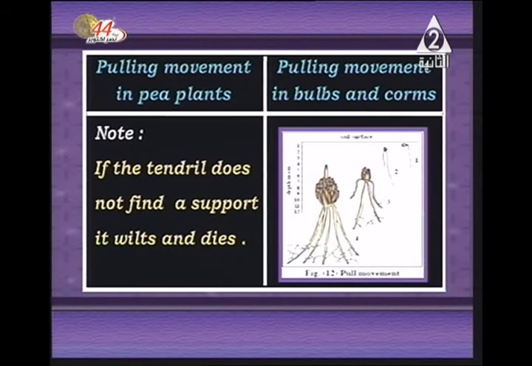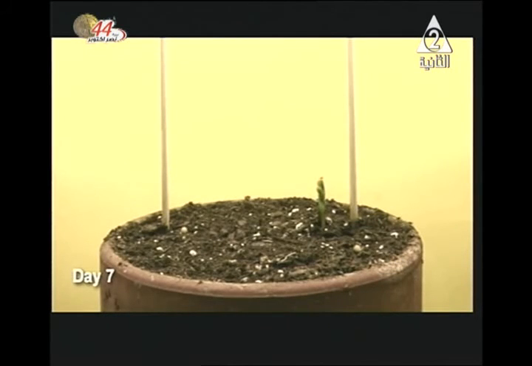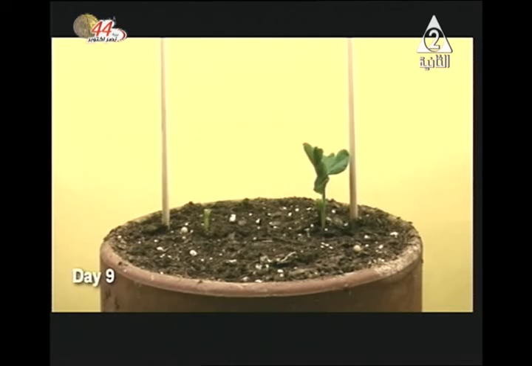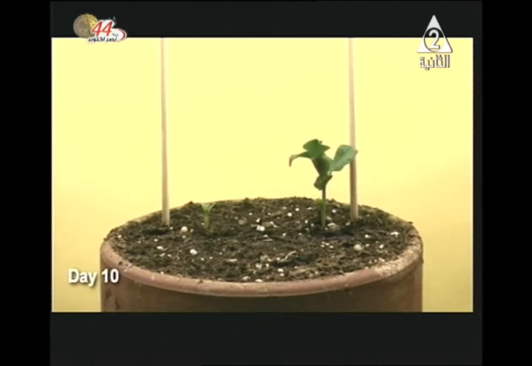We also have a video here to show the tendril. This is the mechanism of the tendril of the pea plant. The plant grows, and it's a very weak plant, so it needs a kind of support. Which is what? Tendril. Did you observe it?